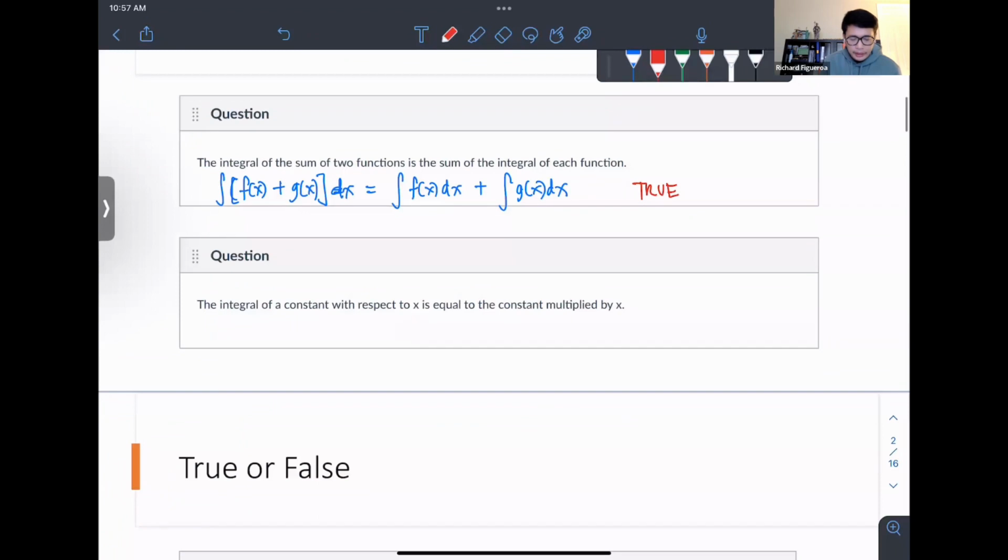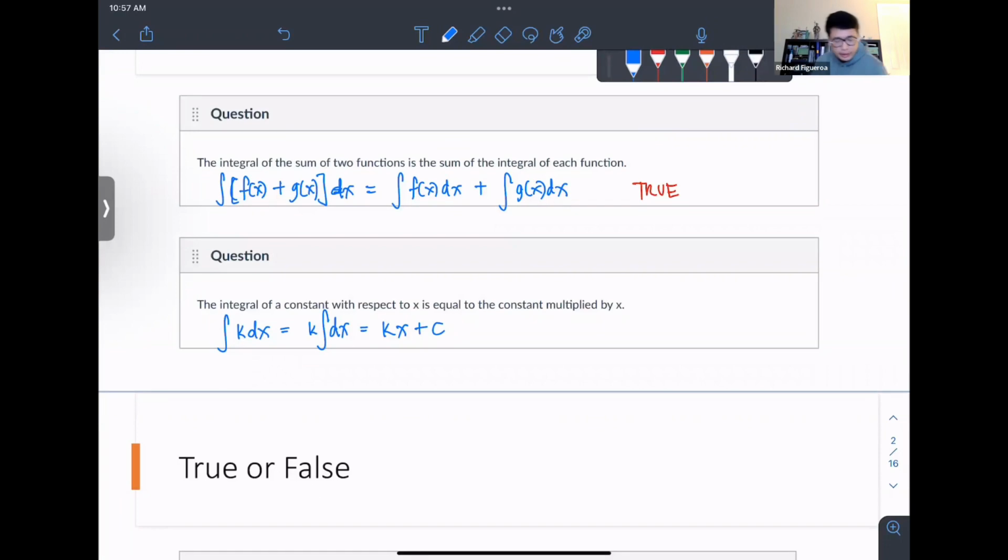The second statement: the integral of a constant with respect to x is equal to the constant multiplied by x. Let's say we have a constant k with respect to x. Its integral, of course, we can move out k using the coefficient rule, then the integral of dx is x, plus of course the constant c.